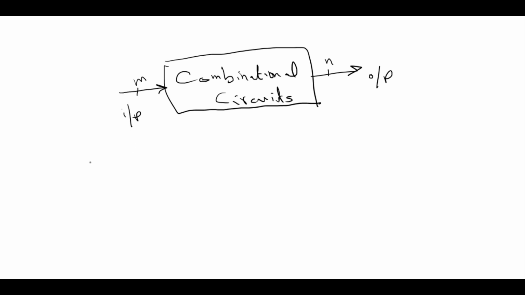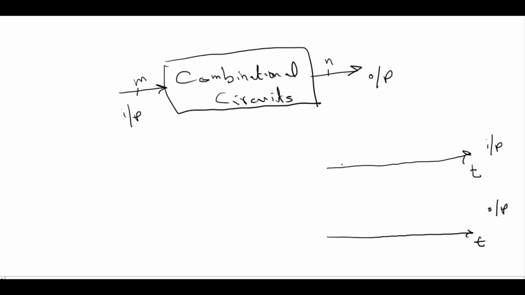In combinational circuits, let's suppose this is your time axis, and I am drawing another time axis t. This time axis is for input and this time axis is for output.